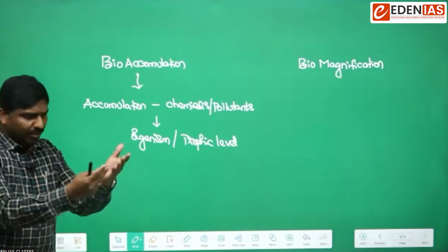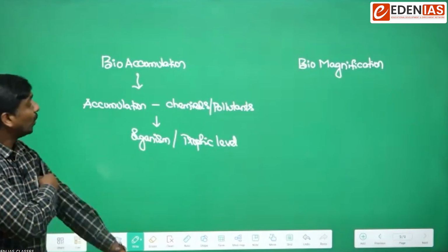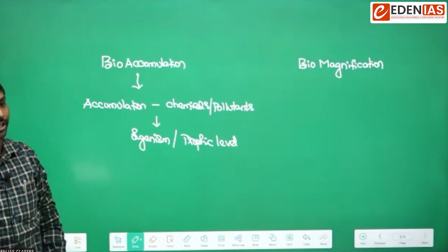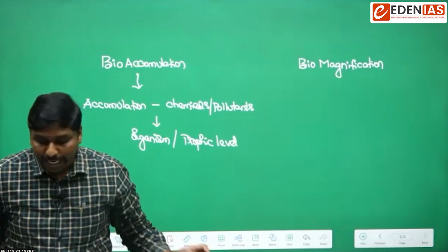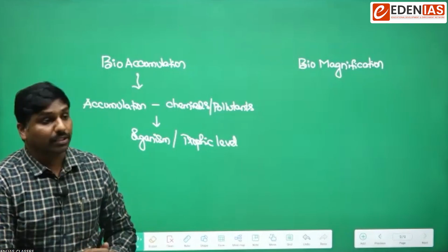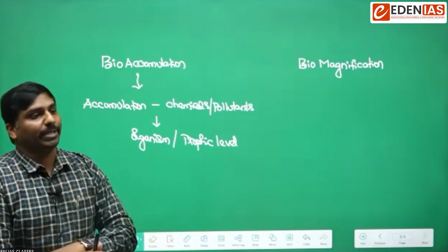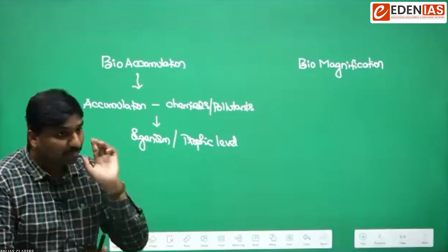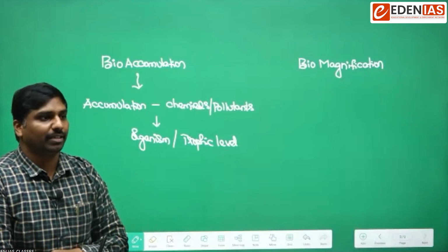Fish will form only one trophic level. Such accumulation is nothing but bioaccumulation. Are you getting that? Remember that bioaccumulation occurs within a particular trophic level. This statement you have to remember.